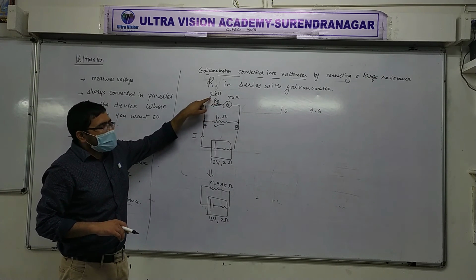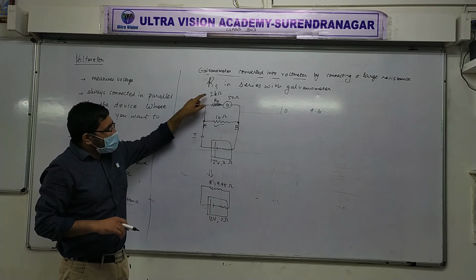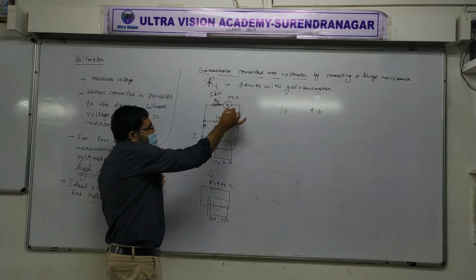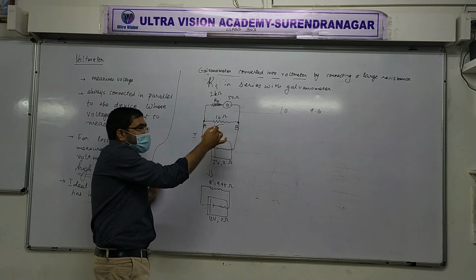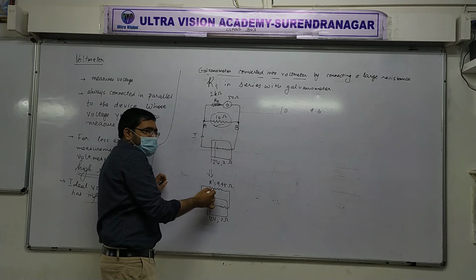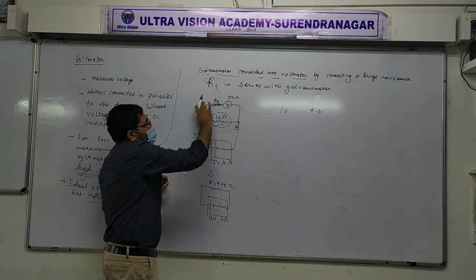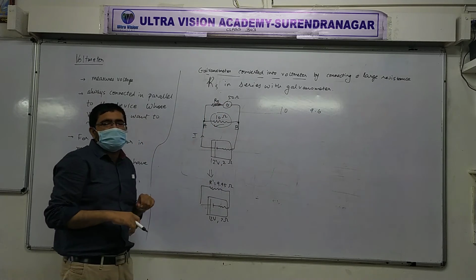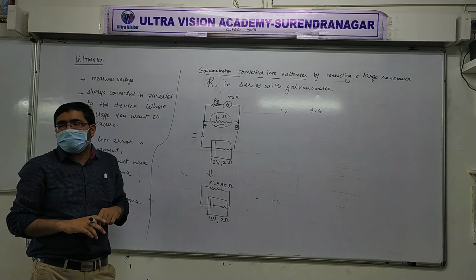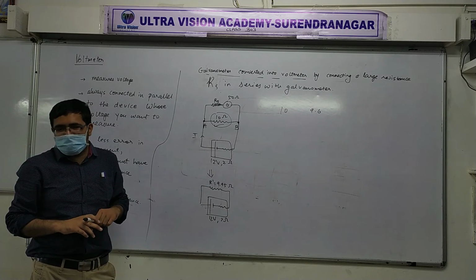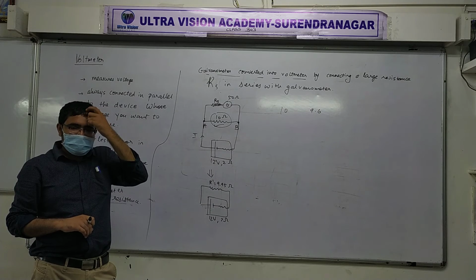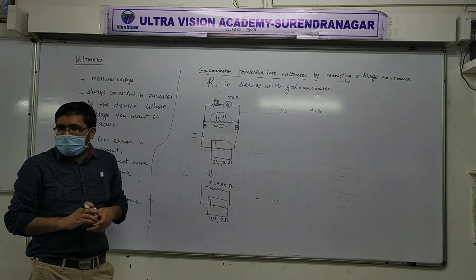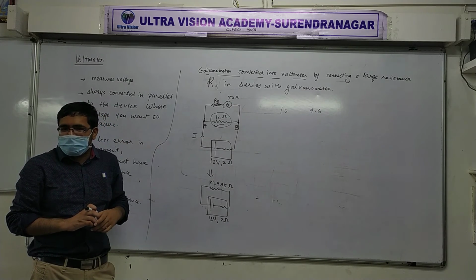So what is the purpose this serves? By connecting a high resistance, we ensure that the equivalent of this and this is nearly the same as this. It was 10, and what did it become? It's nearly the same. Earlier, with 50 connected, what was the equivalent of 50 and 10? It will be about 8 point something, 8.3.